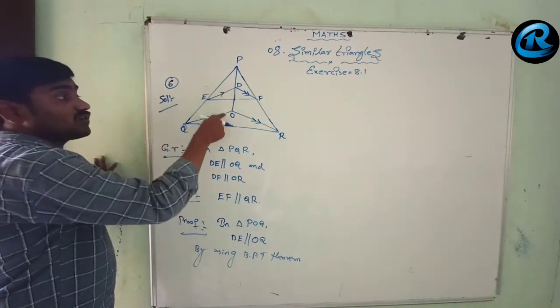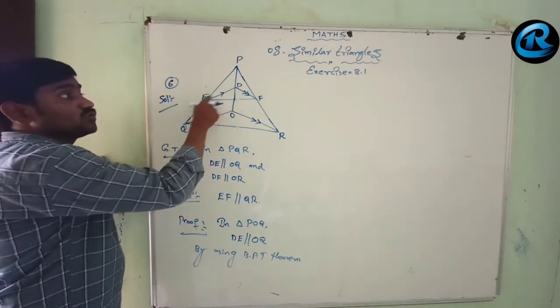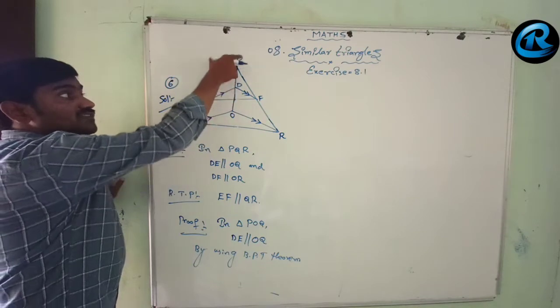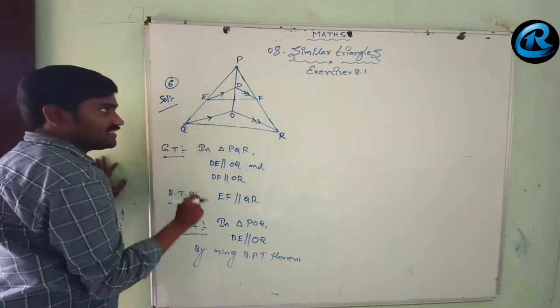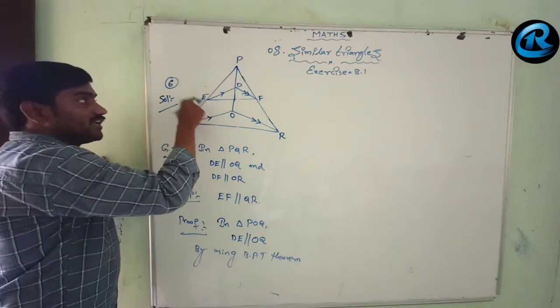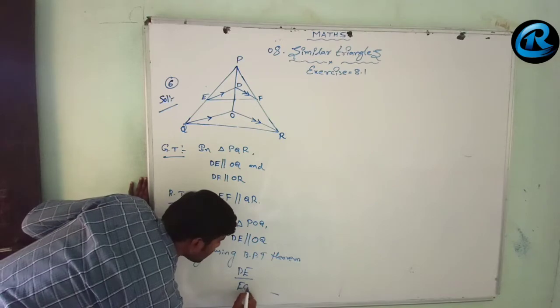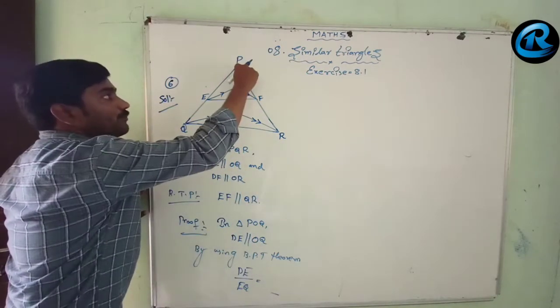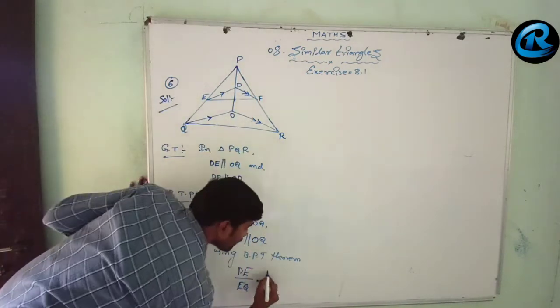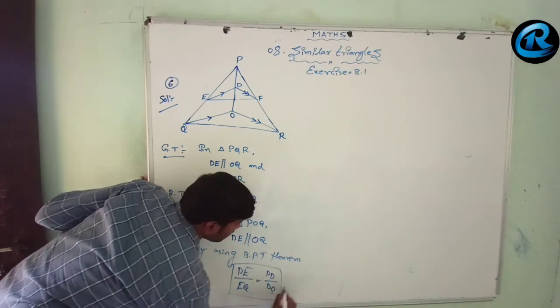If a line is parallel to one side of a triangle, then it intersects the other two sides in two distinct points, and these two sides are divided in the same ratio. Hence, we can say that PE by EQ is equal to PD by DQ. It is equation number 1.